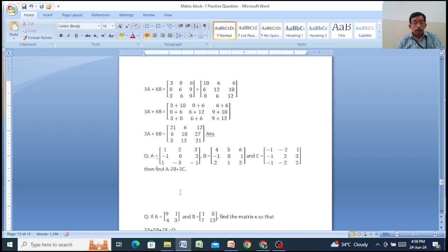Is it clear? 3 by 3 order, 3 matrices. Then first we find the scalar multiplication, after that the addition and subtraction methods are applied. Now the solution started.